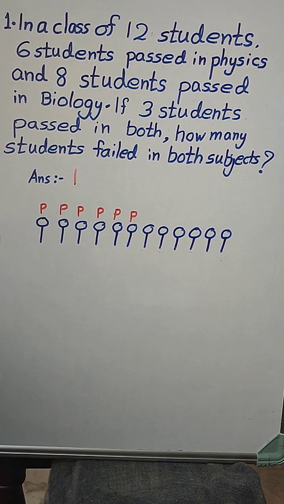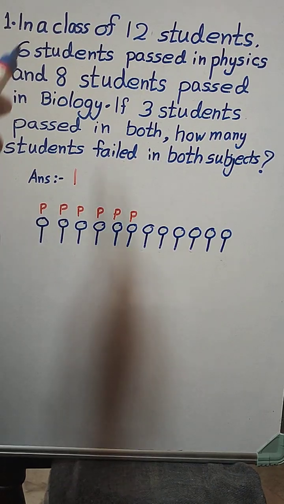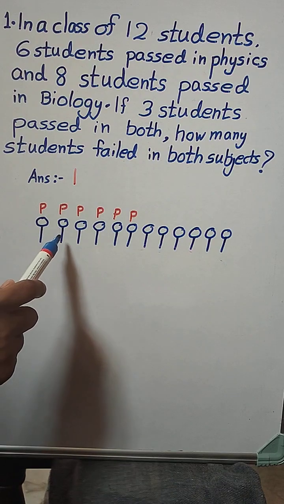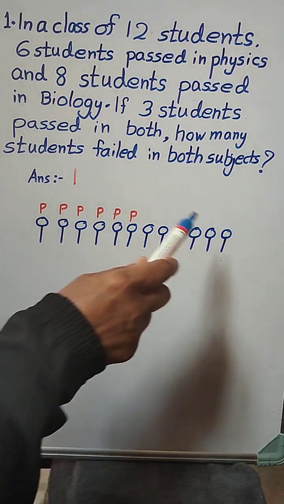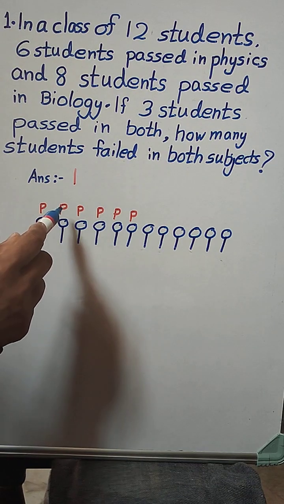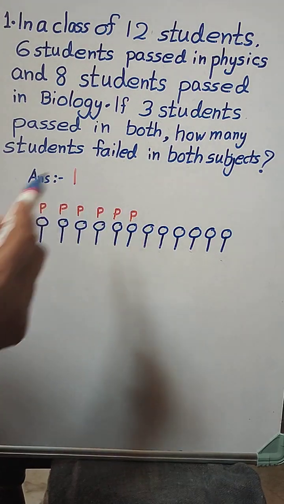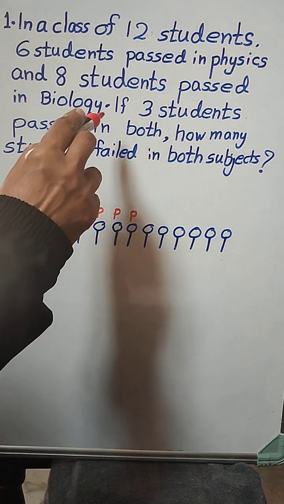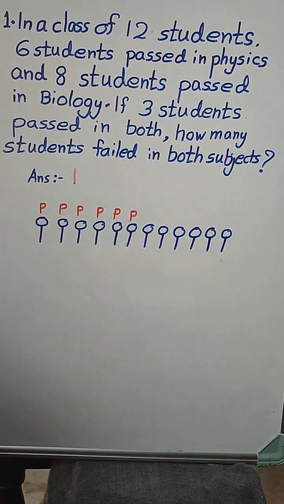Here, this is a small number, 12 students. So we can represent each student by this type of figure. And 6 students passed in physics. So here P is represented for physics, and let us take B for biology. But before representing, we can read the last part of the question.